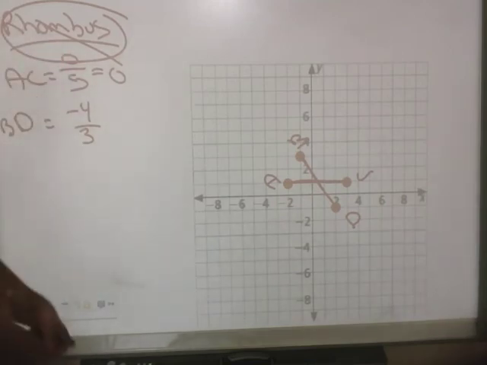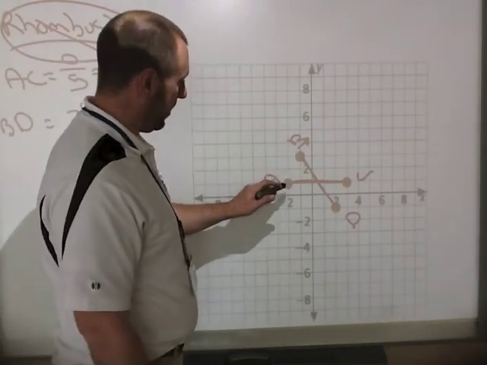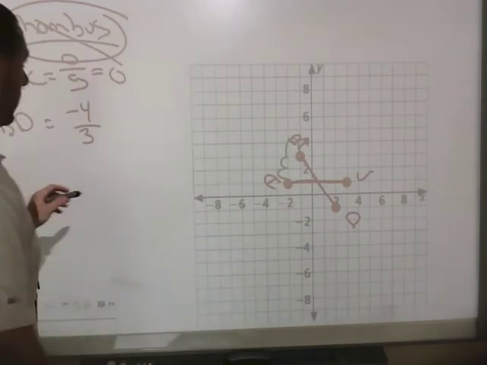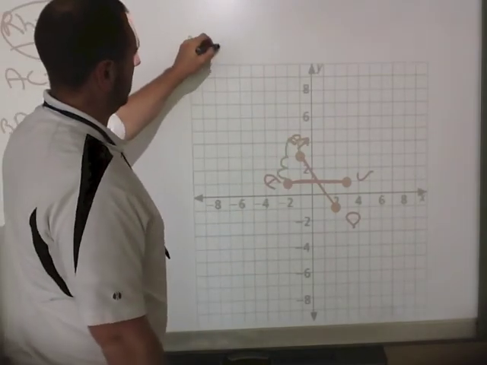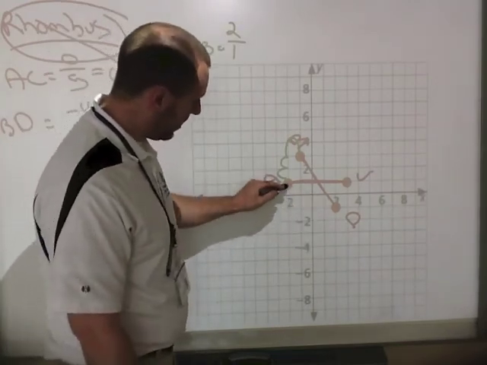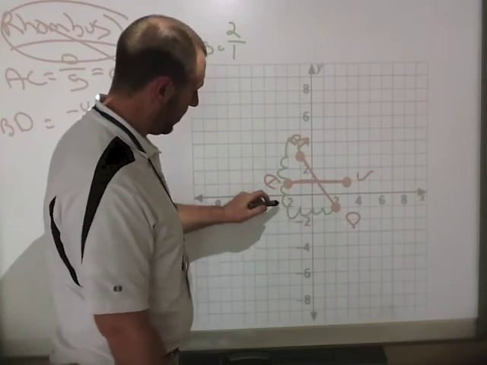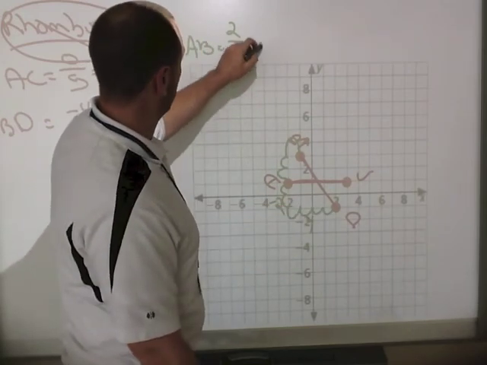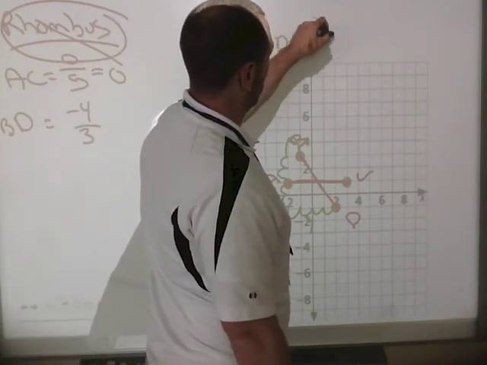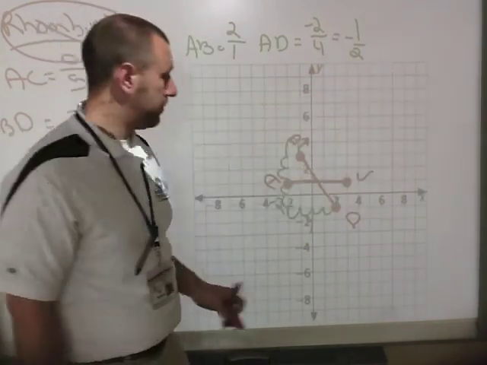But I can check for a rectangle. A to B is 1, 2 over 1. So A to B is 2 over 1. A to D, 1, 2, 1, 2, 3, 4. Down 2 over 4, that's negative 1/2. Those are opposite reciprocals.